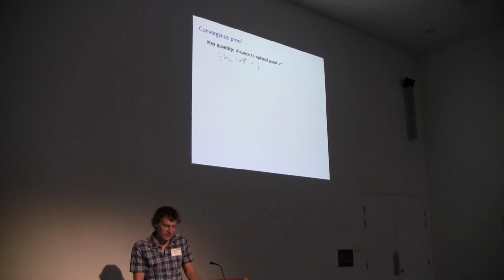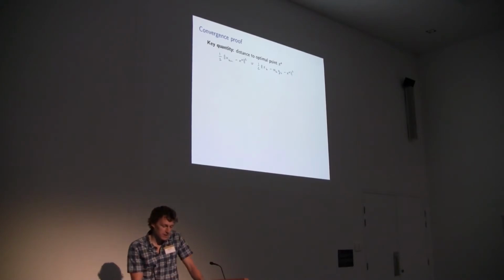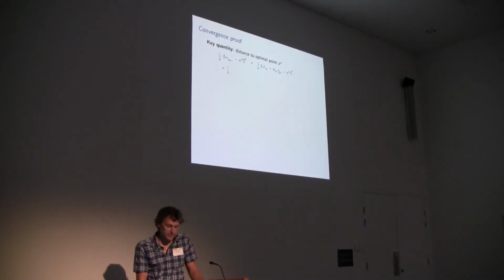This is 1/2 ||x_k minus alpha_k g_k minus x star||squared. Okay? I'm just writing out the subgradient iteration. And then now I can just expand this square. So this is equal to 1/2 ||x_k minus x star||squared, so that's a good start.